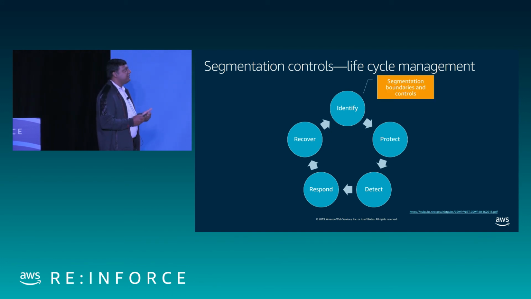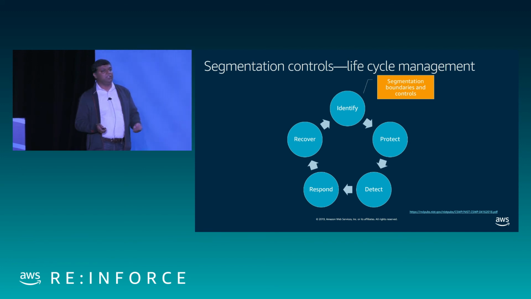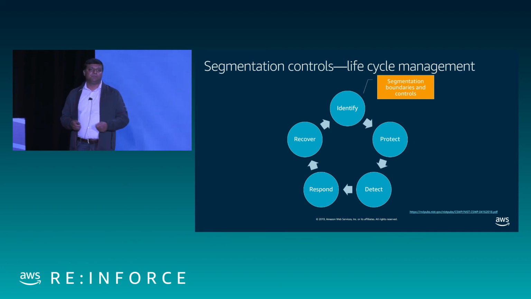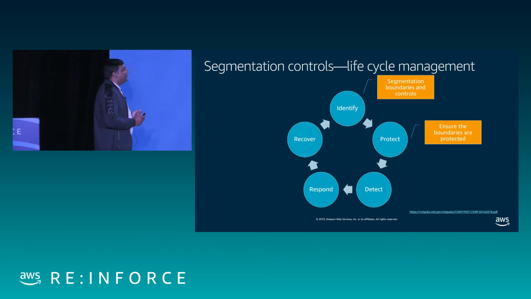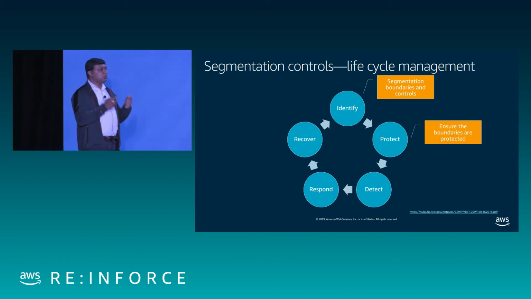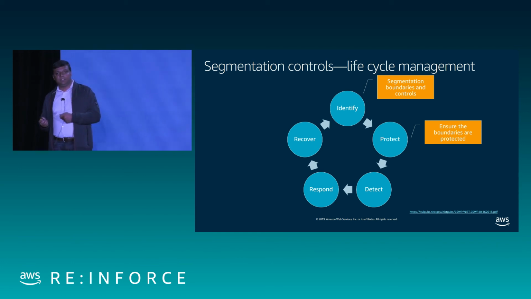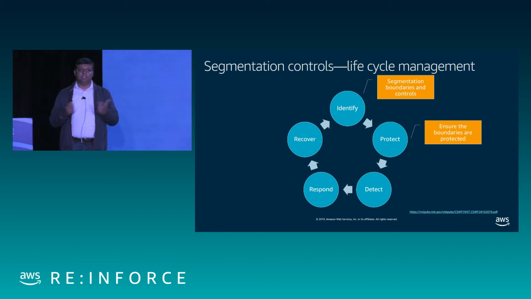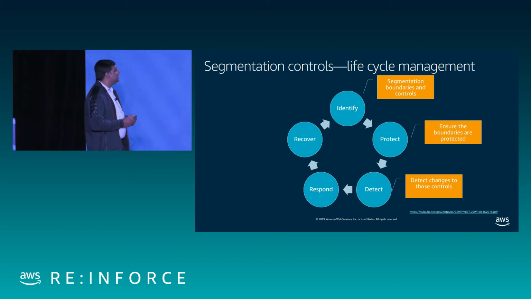As part of identification, we identify our scope and the segmentation boundary that needs to be there to protect our scope. Next in the cycle is the protect stage, where we are protecting our scope boundaries by defining segmentation controls. Whether we are defining segmentation controls at the account layer, network layer, or the application layer, we define those at this part.